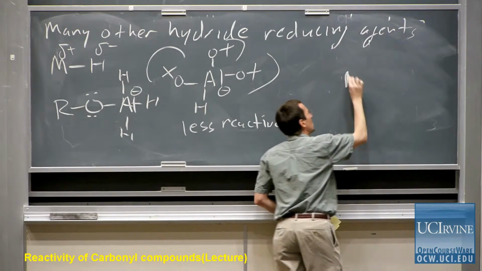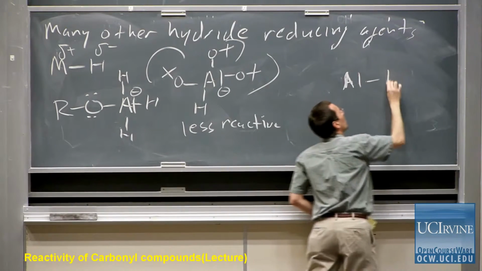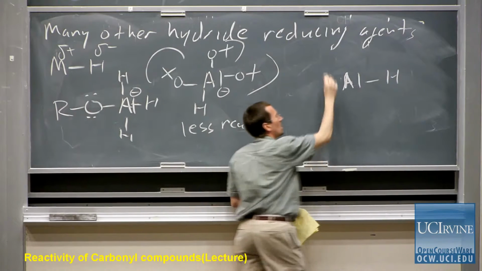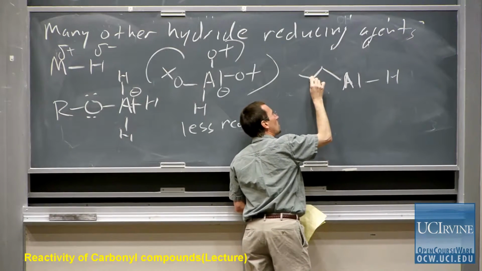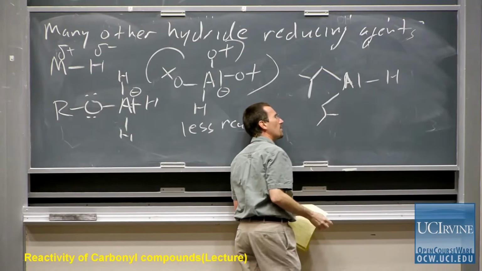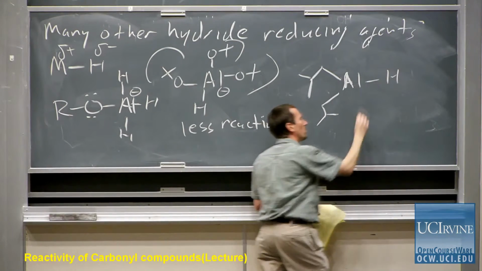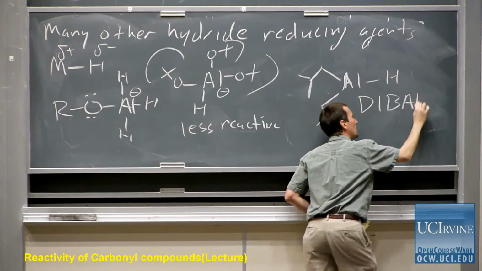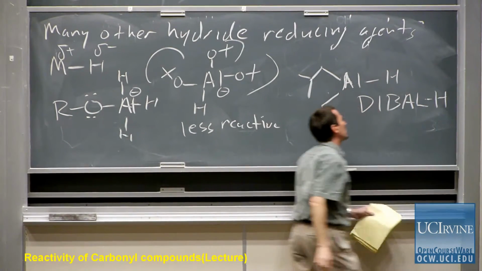Even metals that don't have a full octet can react as a hydride source. Your textbook mentions, and we will talk more about later, diisobutyl aluminum hydride, abbreviated DIBAL-H, or sometimes just DIBAL, you will see it.